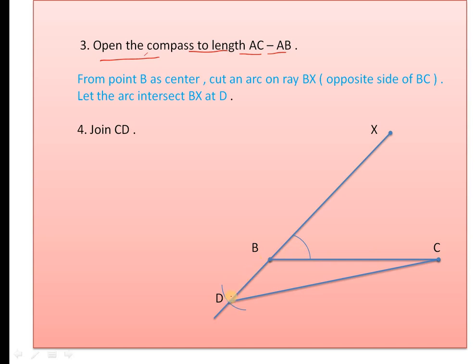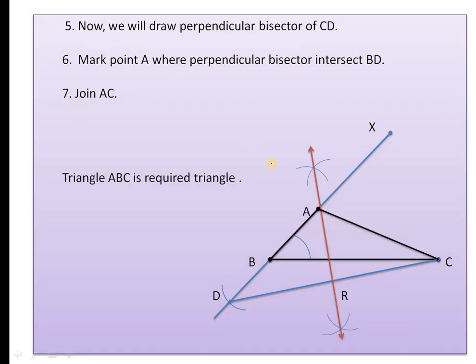Let the arc intersect BX at point D. Join C and D. Now we will draw the perpendicular bisector of CD, which bisects CD.